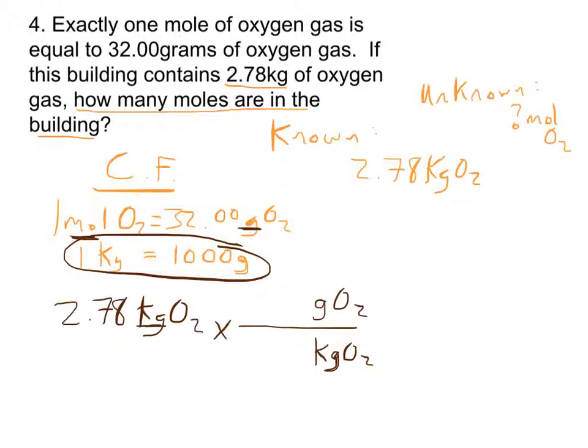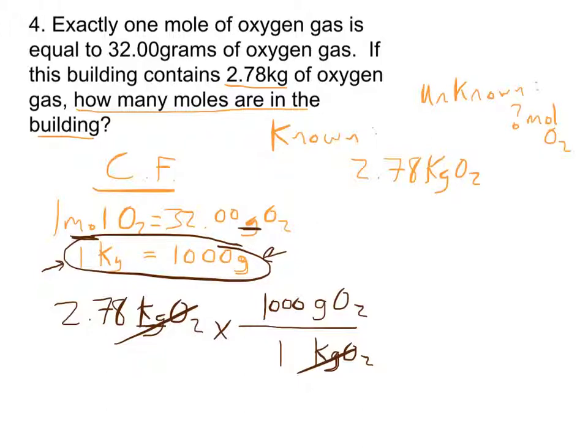What number goes next to kilograms? You look at the conversion factor: 1 kilogram is equal to 1,000 grams. So 1,000 goes on top and 1 goes on the bottom. Units cancel, so you cancel kilograms of oxygen gas. And now if you solve the problem right now, you just get grams of oxygen gas for your final answer.